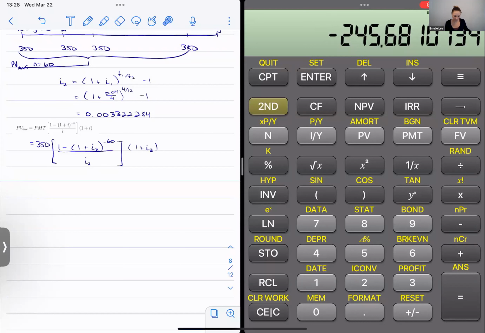Why is it negative? Shouldn't be negative. Did I do 1 minus? Okay, I better start over. I did something wrong. 1 plus recall 1 to the power of negative 60, equals, 1 minus that previous answer. Okay, good.